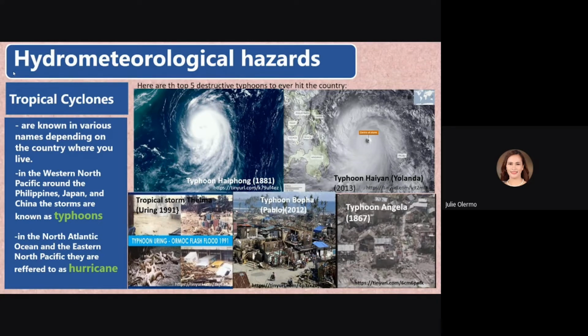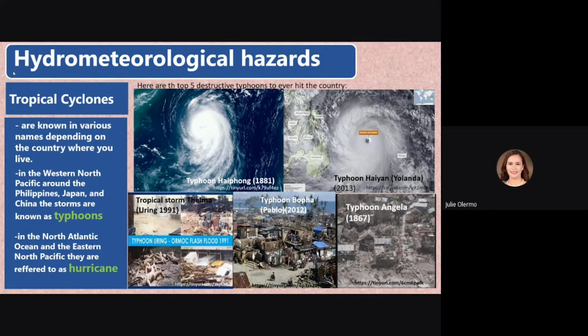And we all know that it is also included in the Pacific Ring of Fire. The Philippine Atmospheric, Geophysical and Astronomical Services Administration, or PAGASA, is the government weather bureau that monitors atmospheric conditions within the Philippine Area of Responsibility, or PAR.